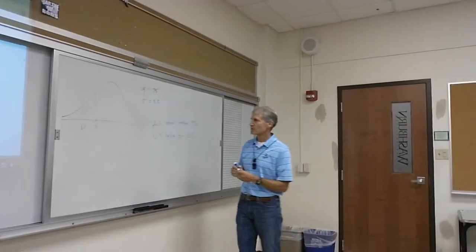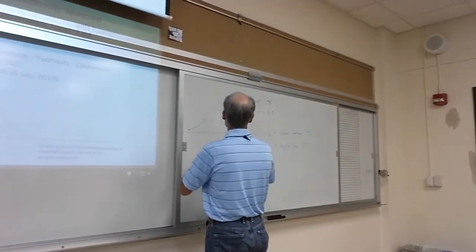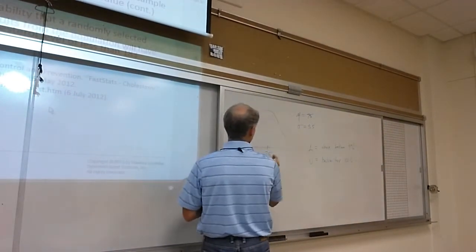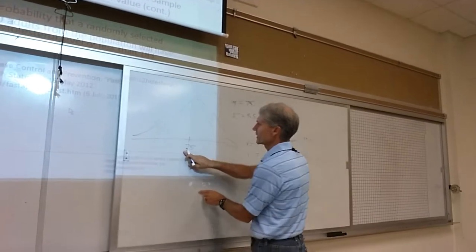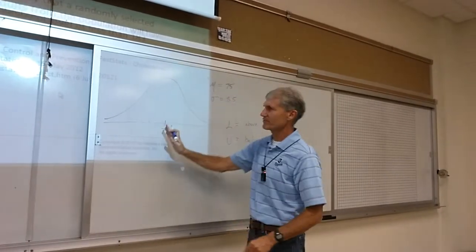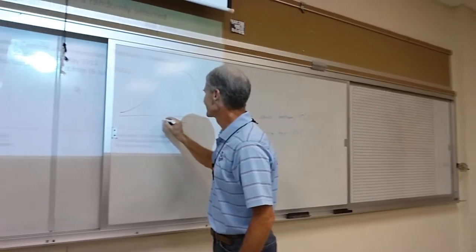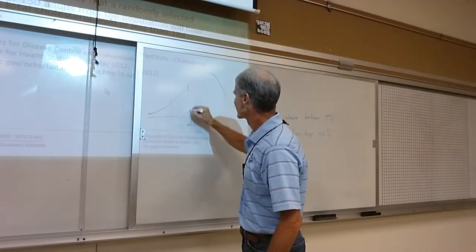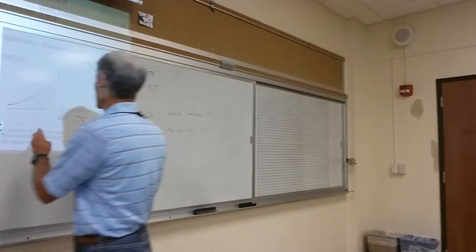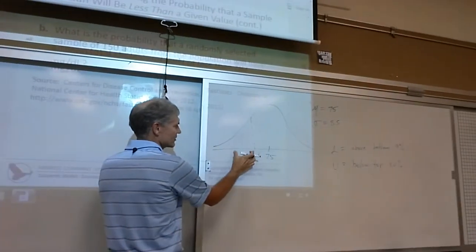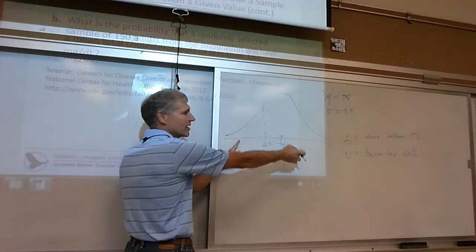Okay, so if we draw a picture, we have a mean of 75 and a standard deviation of 8.5, then 75 minus 8.5 would get me to 66.5. Now look at these percentages. 9% below L. Two standard deviations would be 2.5% below, so I know it's going to be above that.